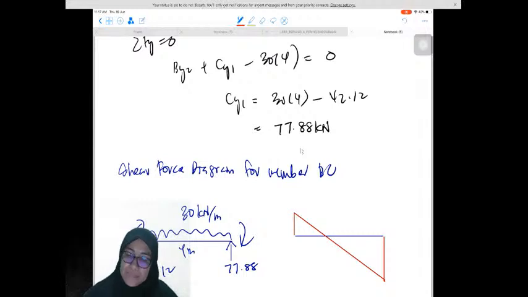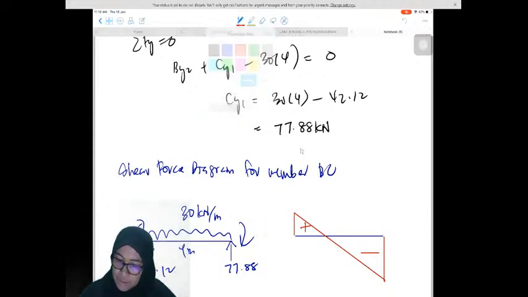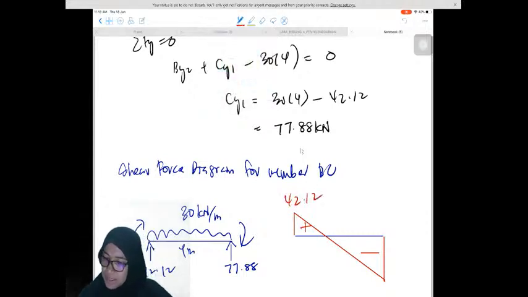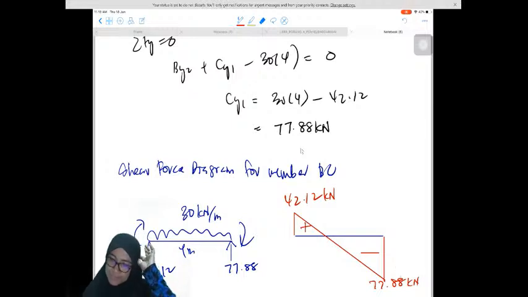This is positive, this is negative. The values are 42.12 here and 77.88 here, in kilonewton.